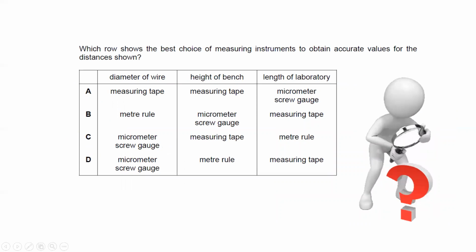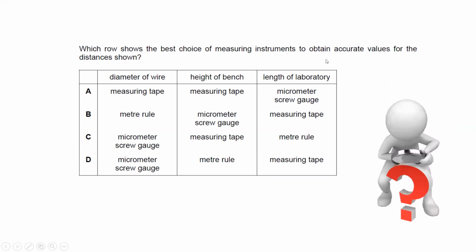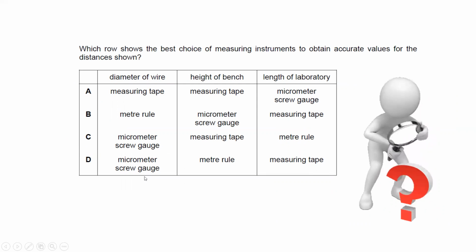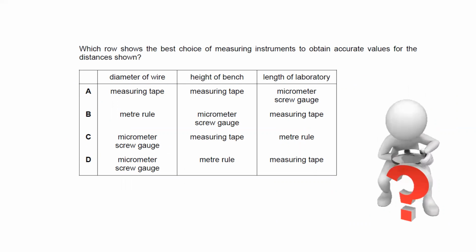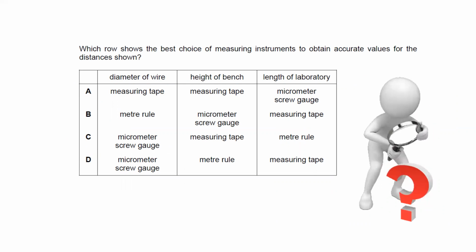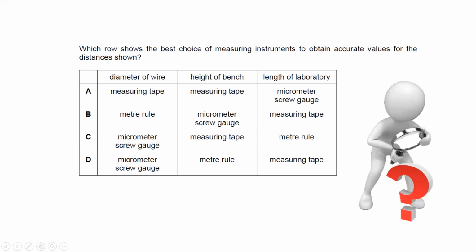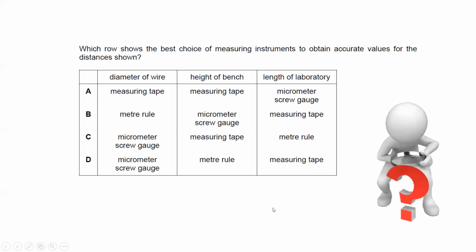Which row shows the best choice of measuring instrument to obtain the accurate value of the distance shown? If you want to measure the diameter of a wire, the height of the bench, and the length of the lab, what could be the best apparatus used for each?